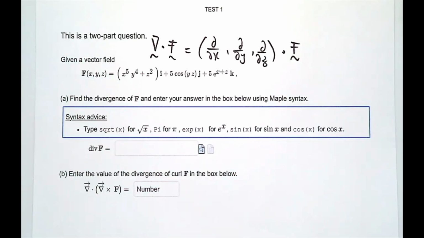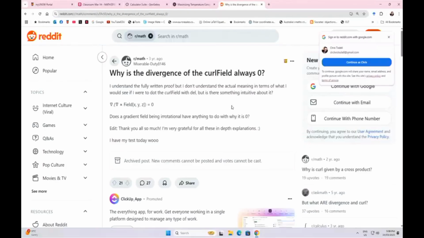So let's look at the bottom one for a second. Sometimes I'll just ask the interweb what's going on. How good is Reddit? So why is the divergence of the curl, that's part B, always 0?